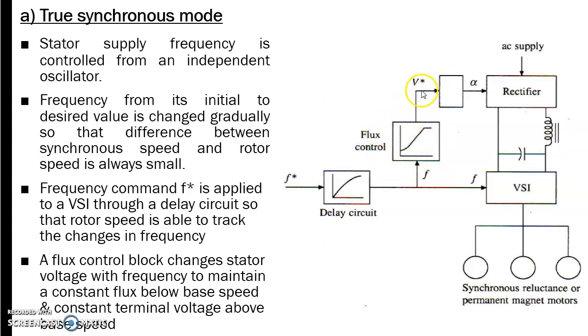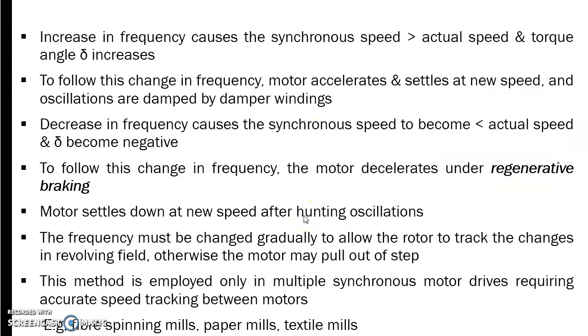Hence V star depends upon the criterion that V by F should be constant. So a flux control block changes stator voltage with the frequency to maintain constant flux below the base speed and constant terminal voltage above the base speed. So this is a true synchronous mode of operation. There is no feedback, it is open loop mode.